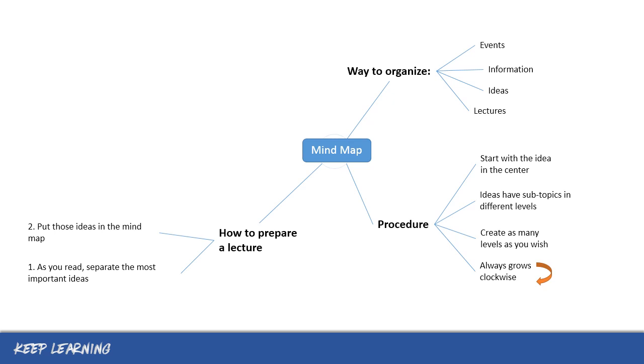Those are like the branches, the topics of your mind map. Then you open new levels to explain details from the text in those ideas, and you have to be very observant and try to copy the most details in the mind map.